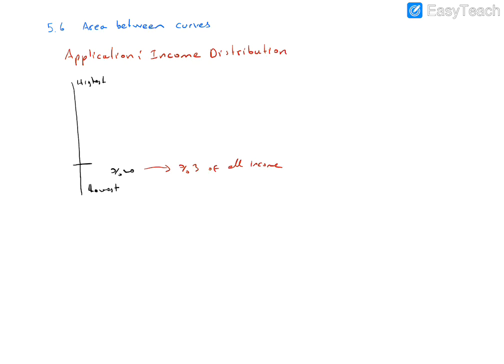This is not a good situation actually, because 97% of the other income is received by the 80% of people. Actually, if you look at the top 20% of people, you will see a much worse situation.